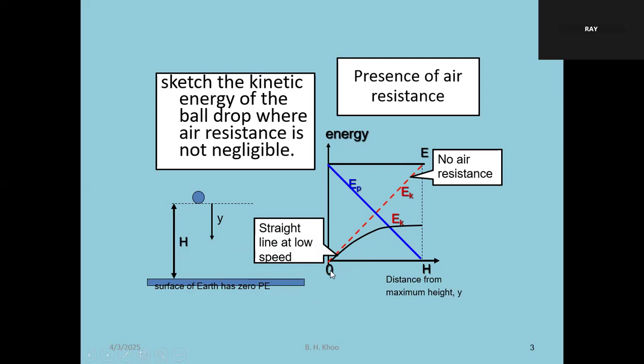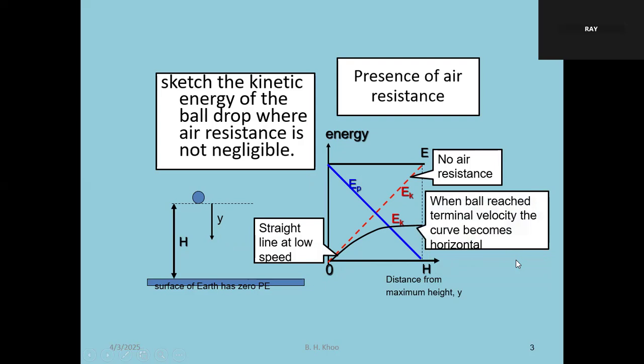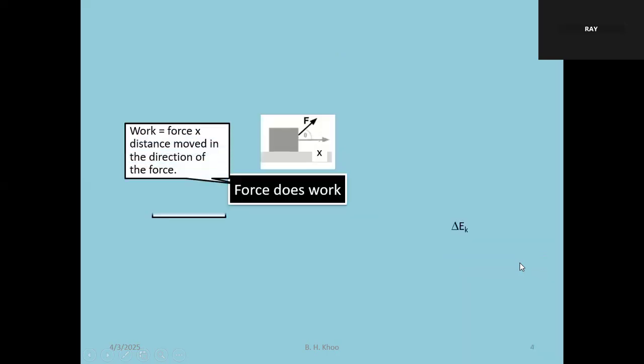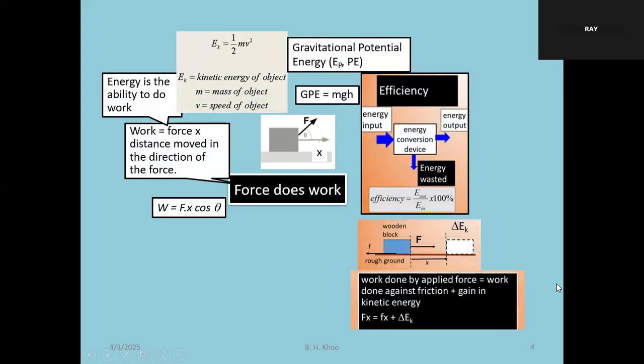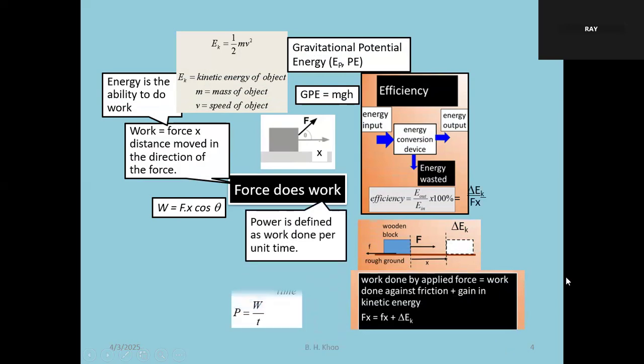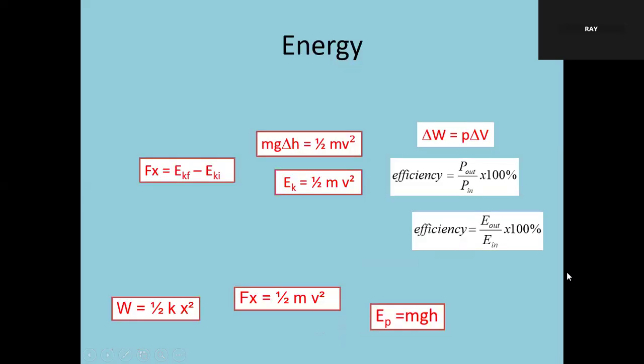But if there's air resistance, then it will initially be a straight line and go away from the straight line, no? Because there's work done against air resistance. Right? And all these formulas must be in your head. This one is A2.